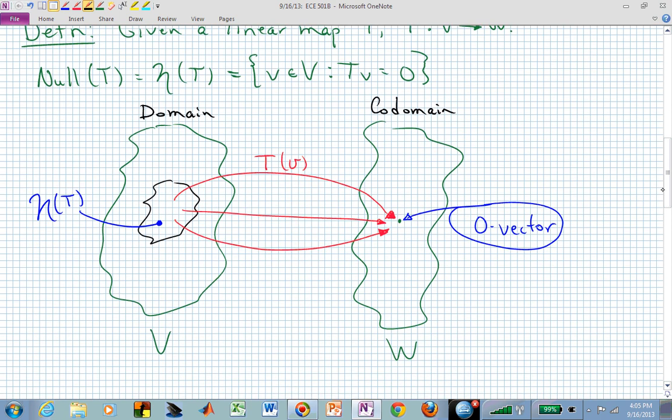We are trying to be a little more subtle with codomain versus range, because the range space may not cover all of the codomain. I may get sloppy and say, the range of that mapping, but the range may be a subspace of the entire codomain. That's why I'm trying to make this distinction.